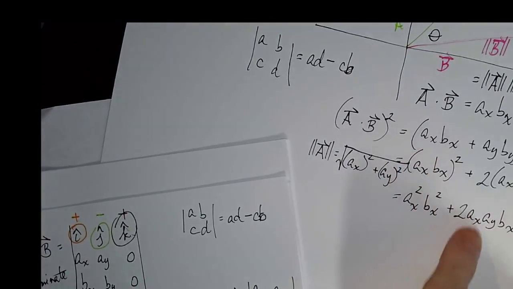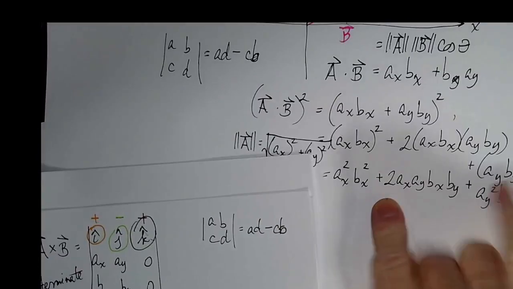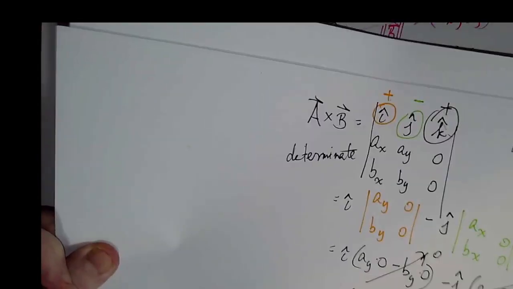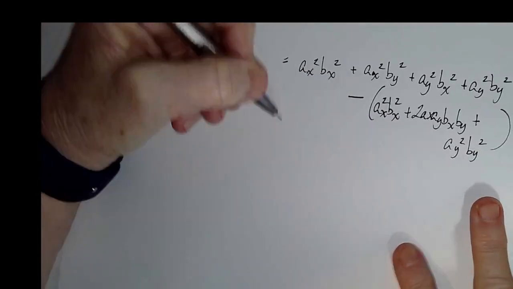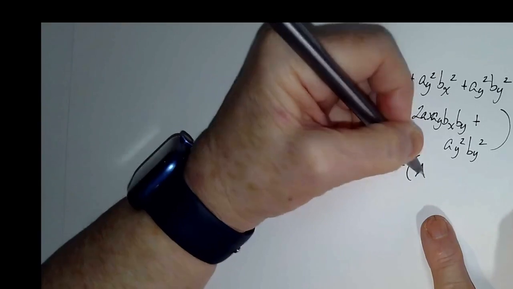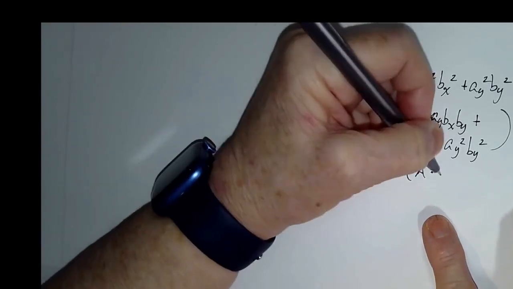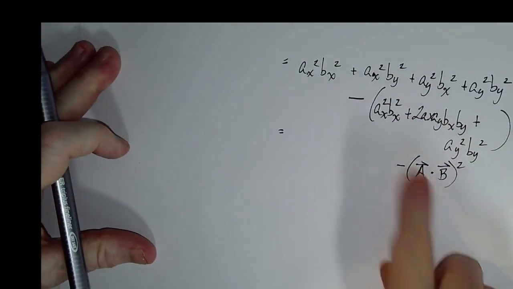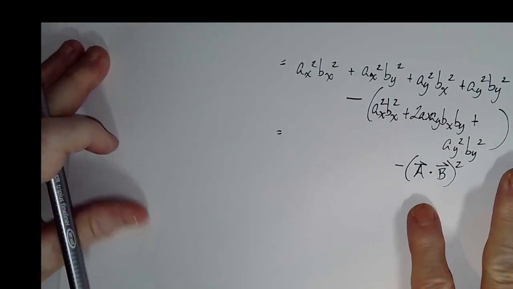That was the dot product squared. So we can write this as minus A dot B squared, so that those last three terms are there.